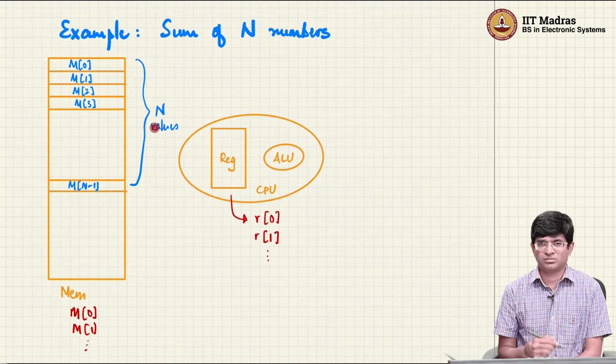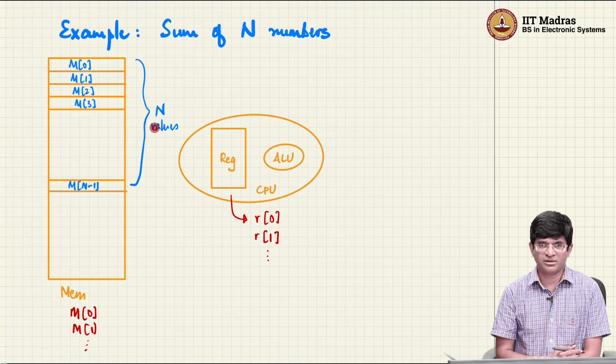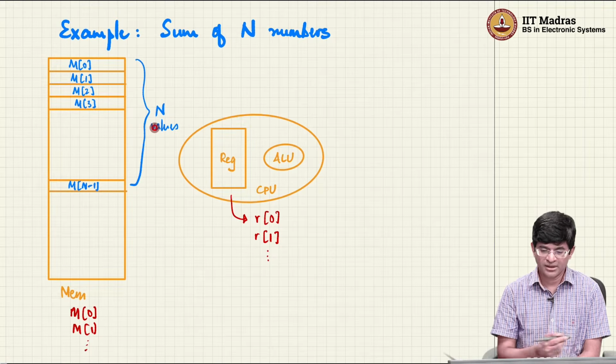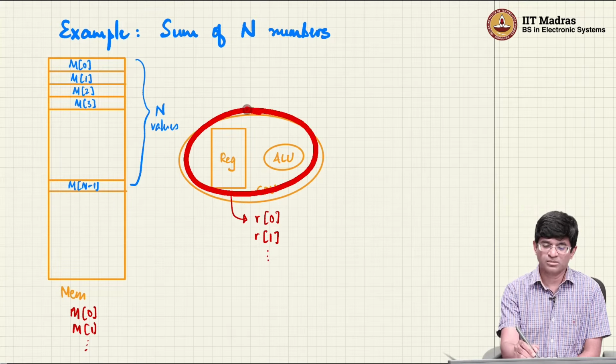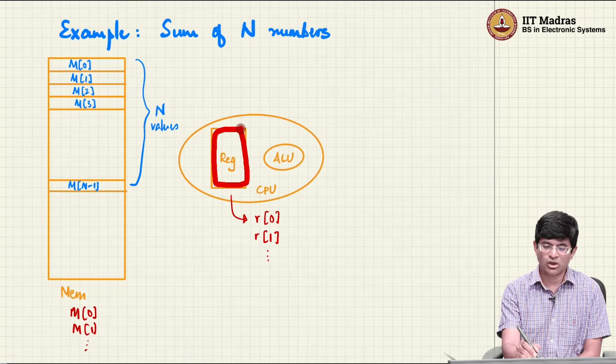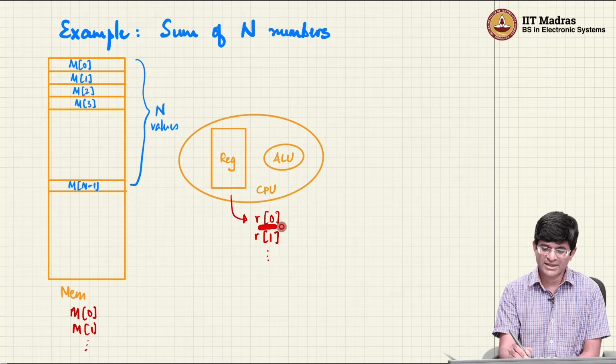So now the structure of our CPU that we talked about earlier starts to become important, right? I'm going to assume that I have my ALU capable of performing the additions for me all inside the CPU, and that there is a block of registers out here that I will refer to as R0, R1 and so on, right?